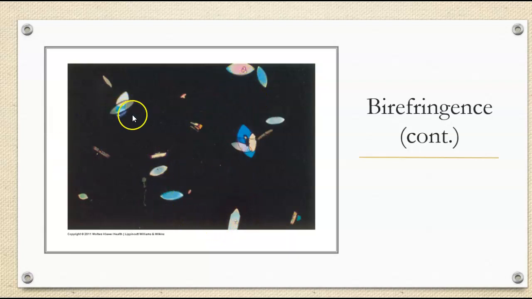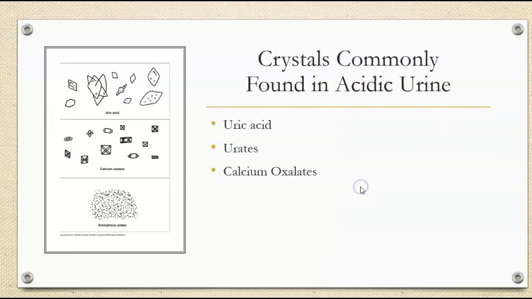It also makes really pretty colors and wall art. We'll talk more about polarization and birefringence when we start delving into body fluids. That's where we're going to use them a little more commonly, typically in synovial fluid when we're trying to see if the patient has gout or not.